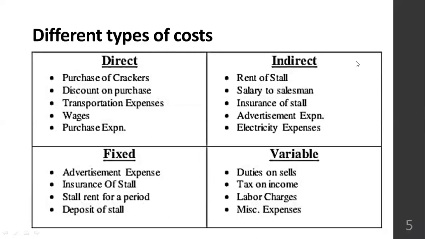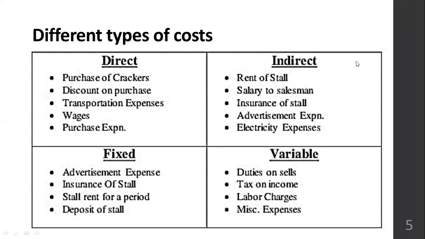So different types of costs: direct, indirect, fixed, variable. Direct costs are for items that directly reach your customers. So when you're purchasing some raw material to give it to the customer, or purchasing something from the wholesale, to add some more money into it and give it to your customer, that is direct cost.